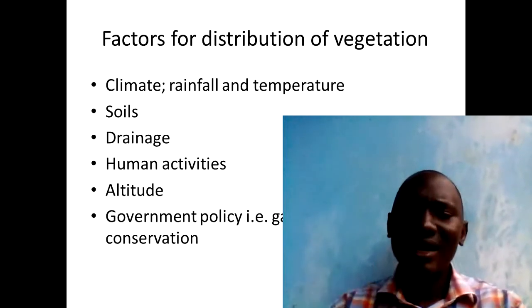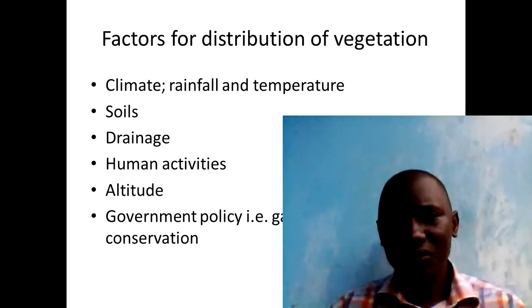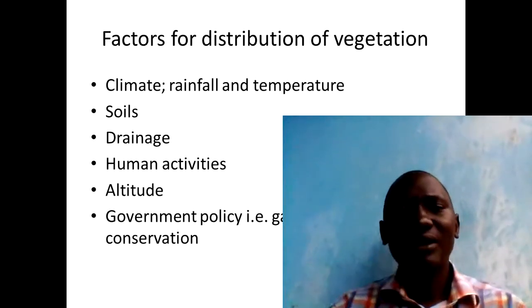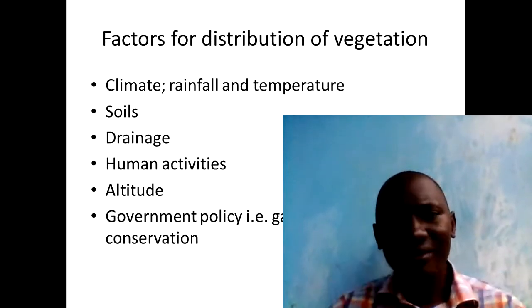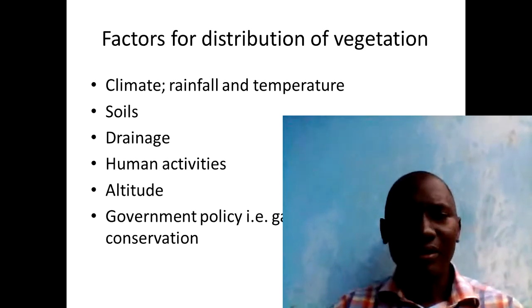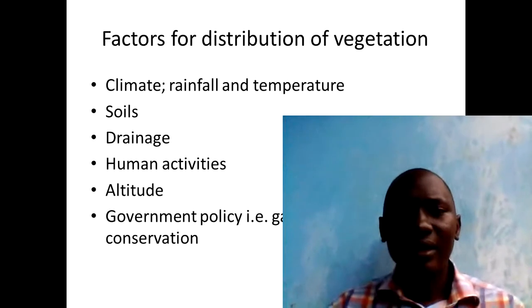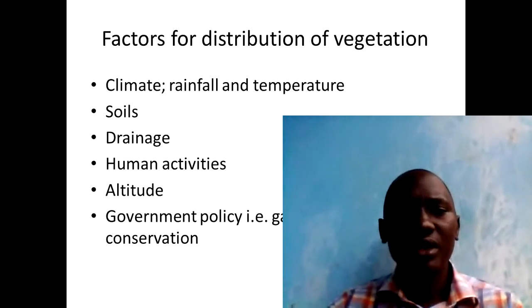All these areas have been conserved, and therefore you find vegetation naturally occurring there, because government has come up with a policy to prohibit man from occupying those areas and practicing other activities in them, so that conservation takes place, and in turn government is influencing vegetation distribution.